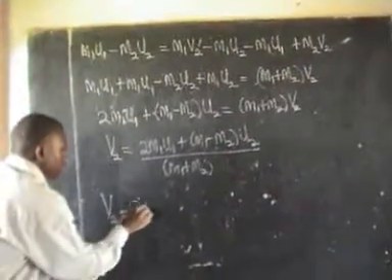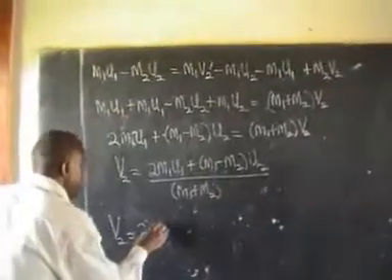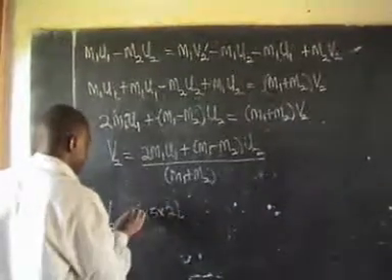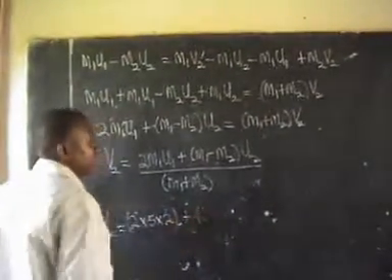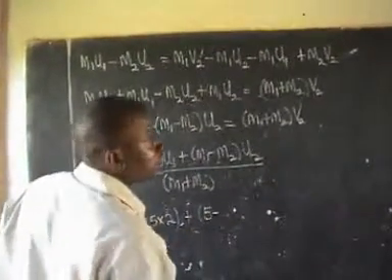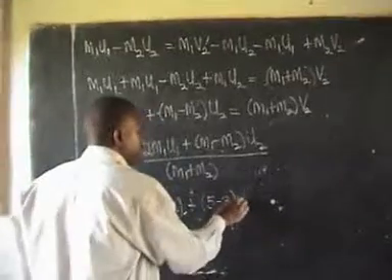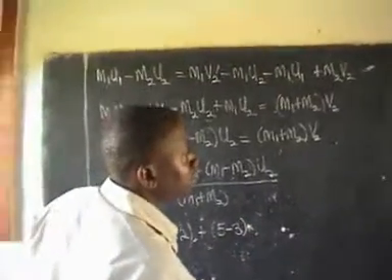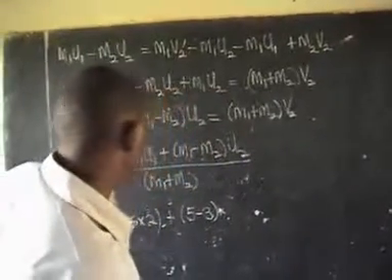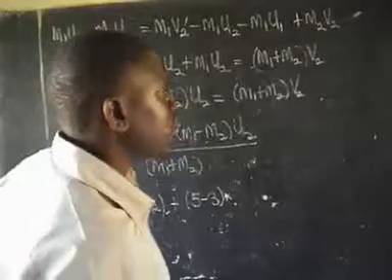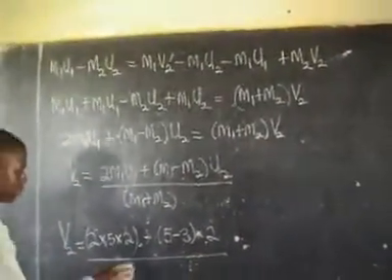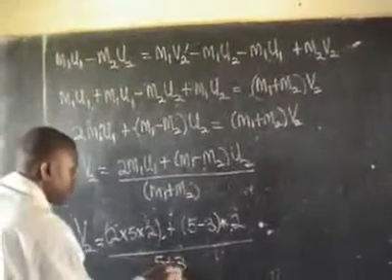So you can now substitute. 2 times M1, which is 5, times u1, which is 2, plus bracket M1, which is 5, minus M2, which is 3, times u2, divided by M1 plus M2, 5 plus 3.